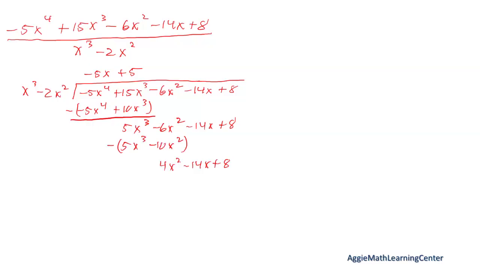So once you're done, it's 4x squared minus 14x plus 8 all over x cubed minus 2x squared. When you do your long division, that is what you end up with. Any questions on the long division part? Okay.